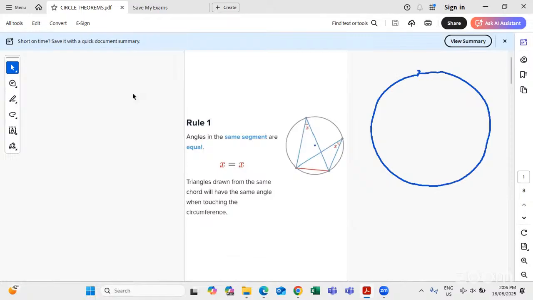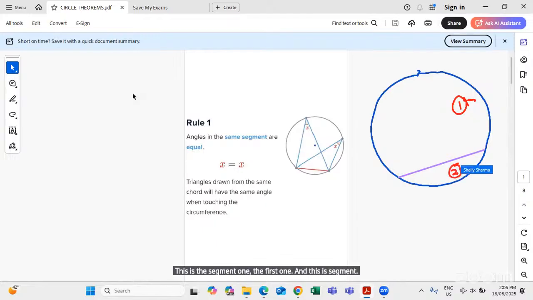Let's say this is the chord I drew. Then there are two segments now. This is segment 1, the first one, and this is segment 2.